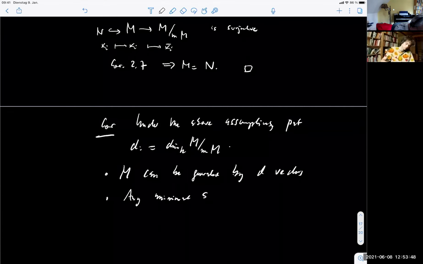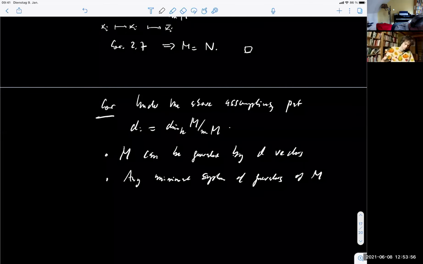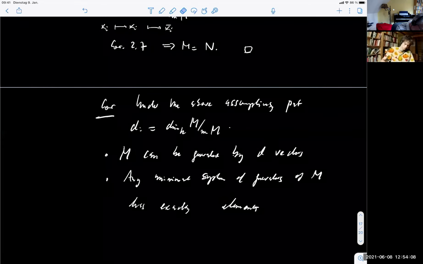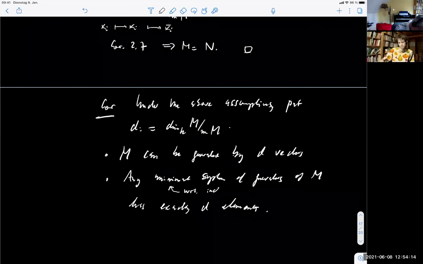Any minimal system of generators of M has exactly D elements. Minimal, I mean, with respect to inclusion.